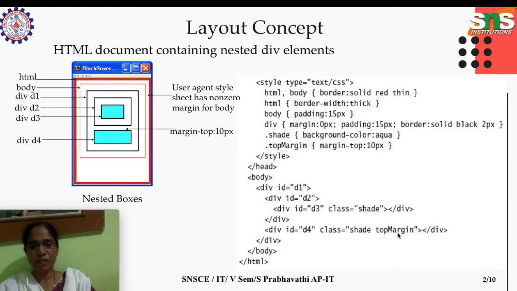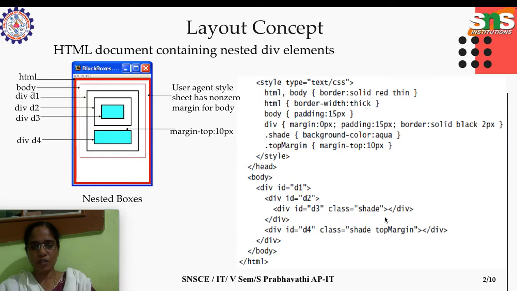When we represent a class name in a CSS document, we define the style with the syntax dot class name, that is, dot shade and dot top margin. Then we close the div and the outer div gets closed. No content is placed inside this div.